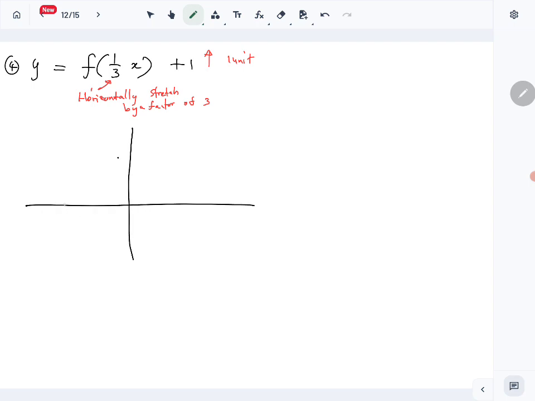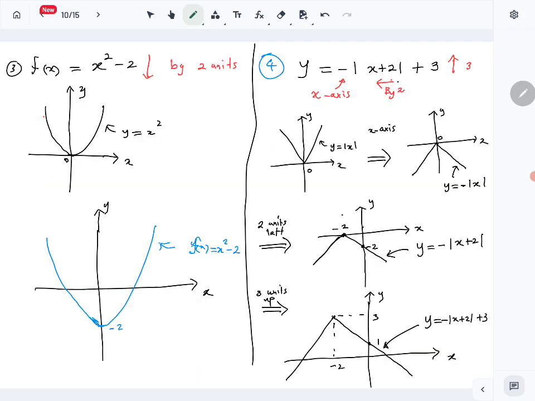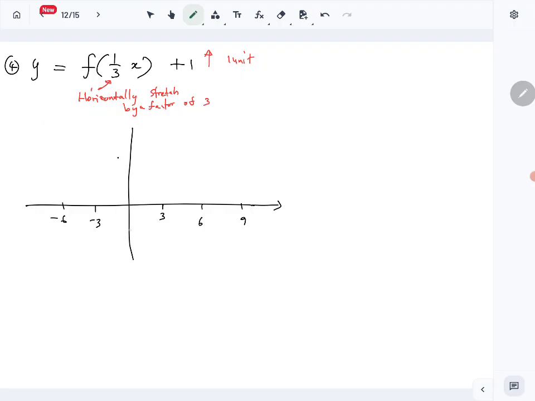So you get minus 6, minus 3, plus 3, plus 6, plus 9. And the y values don't change. Minus 1, 0, 1, 2. Those don't change for the stretching part only. Okay. So we are first doing the stretching part. So start from here.